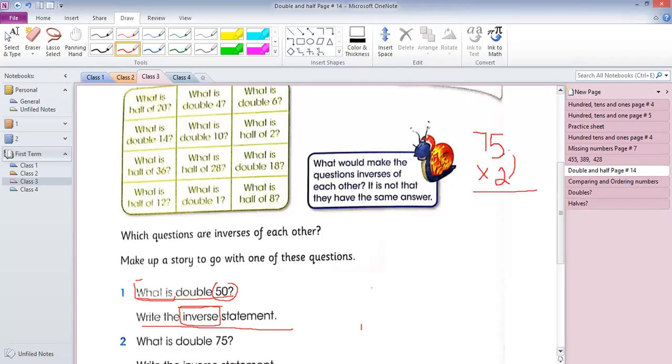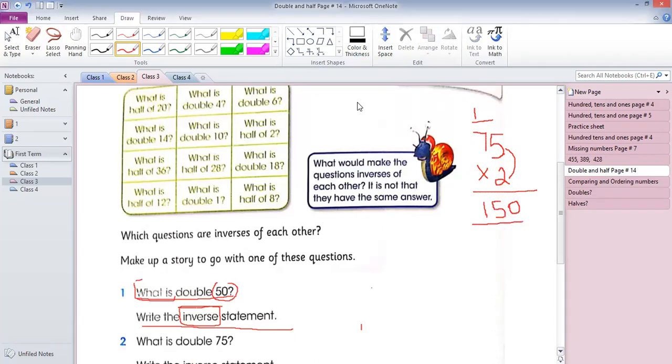Now you will multiply 2 by 5: 2 by 5 is 10. You will not write 10, you will write 0 here. 1 you will regroup with the tens. 2 by 7, 14, and 14 plus 1 is 15. This is how you will multiply. So 75 multiplied by 2 equals 150.